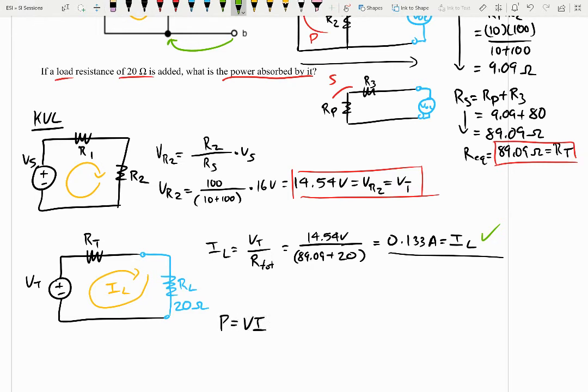But we still don't have V. But because we now found I, we can find V. So V of the load equals I of load times the resistance of the load, 0.133 amps times 20 ohms, which is 2.67 volts. So 2.67 volts is our V of load.